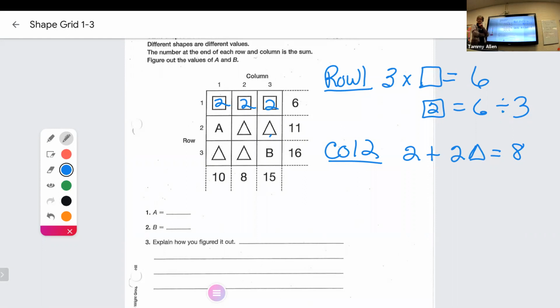Does that make sense? Yes? Okay. And if I get rid of this 2 over here and get rid of it over there, I have 2 times the triangle equals 6. Does that make sense?